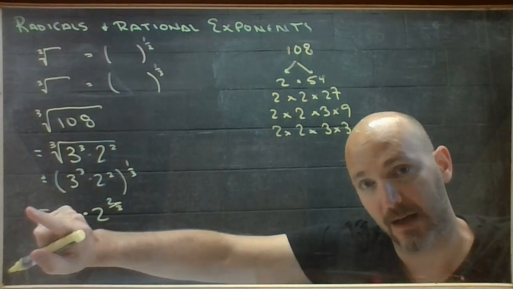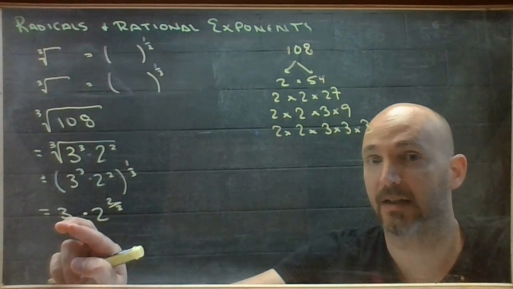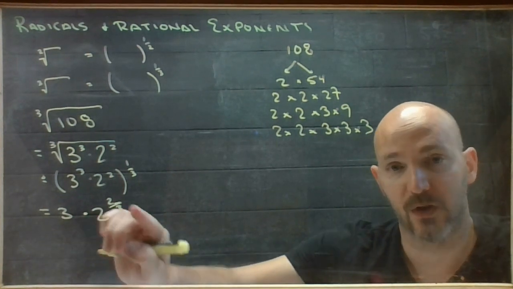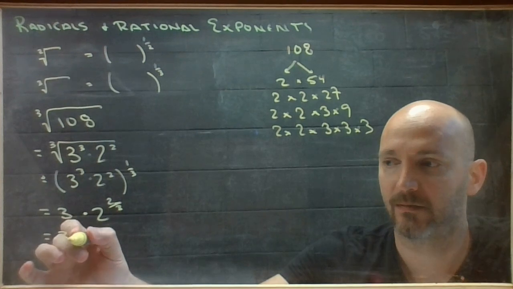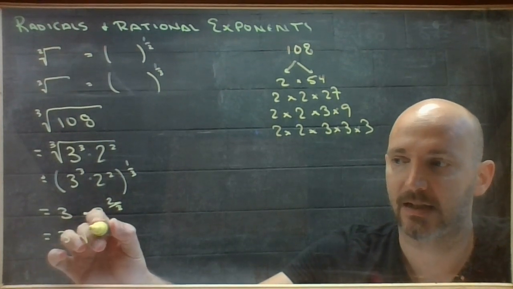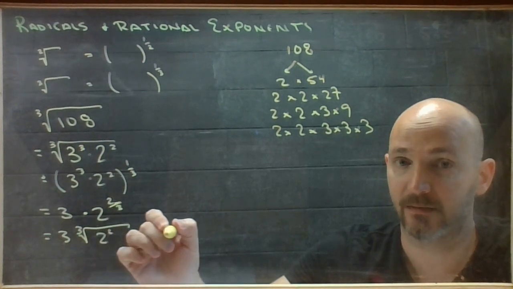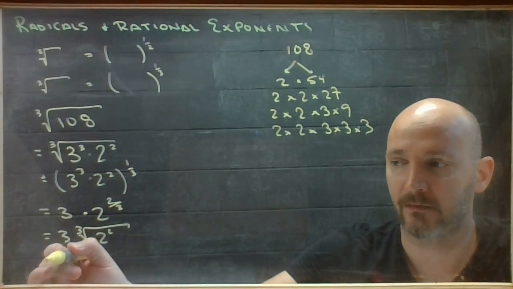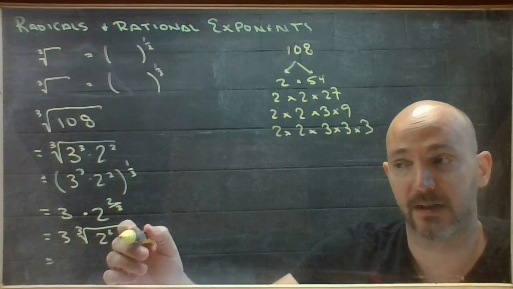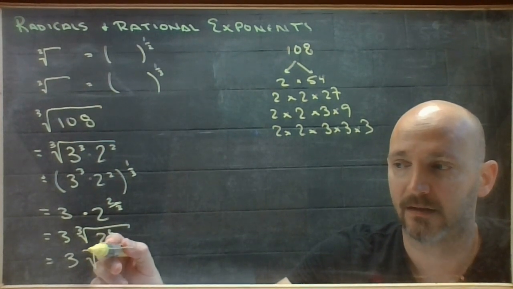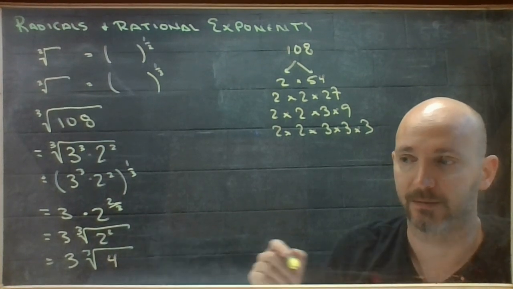And at that point, I have successfully extracted all the integers I can. If you don't like the fraction notation, this literally says a cube root with a 2 squared inside of it. And if you don't like having an exponent inside a radical, you could write that as cube root of 4.